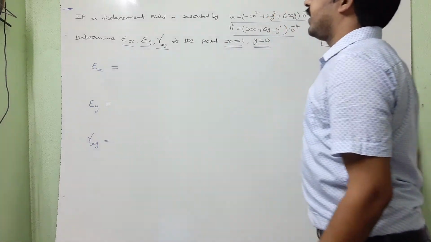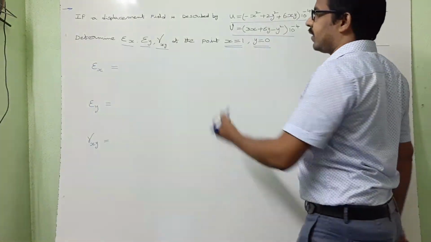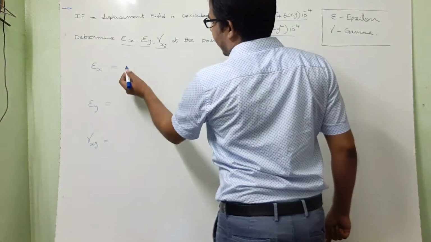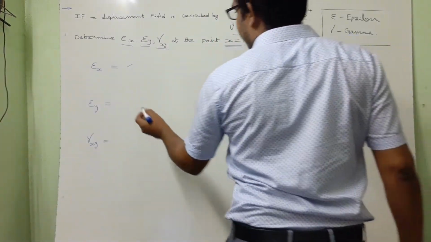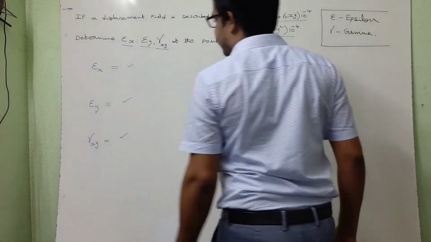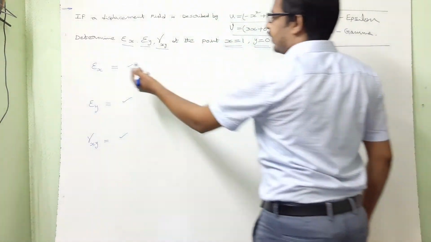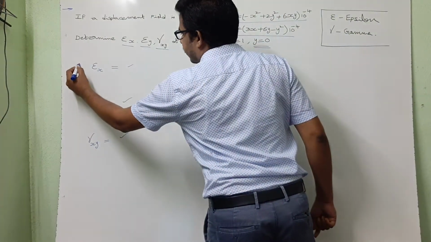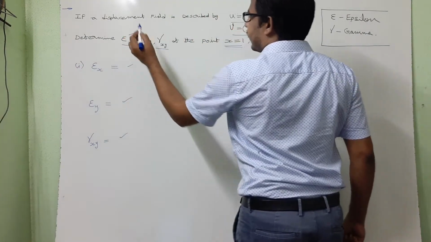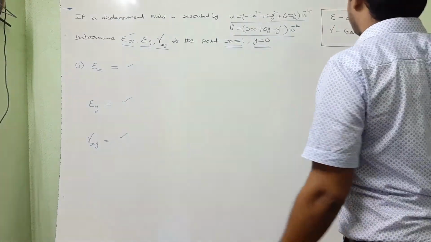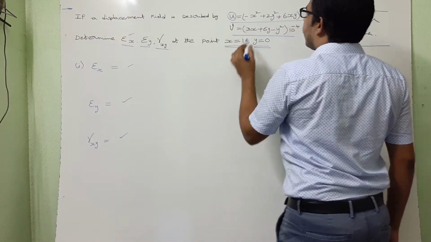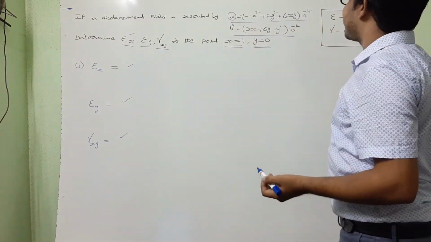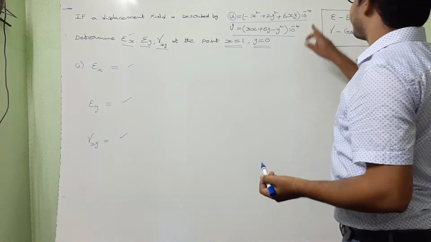So here in this problem we need to calculate epsilon x, epsilon y and gamma xy. First one, epsilon x. So here what is the u value? Minus x square plus 2y square plus 6xy into 10 power minus 4.